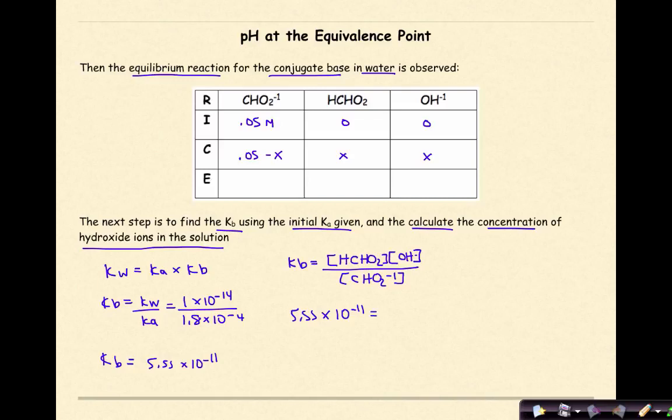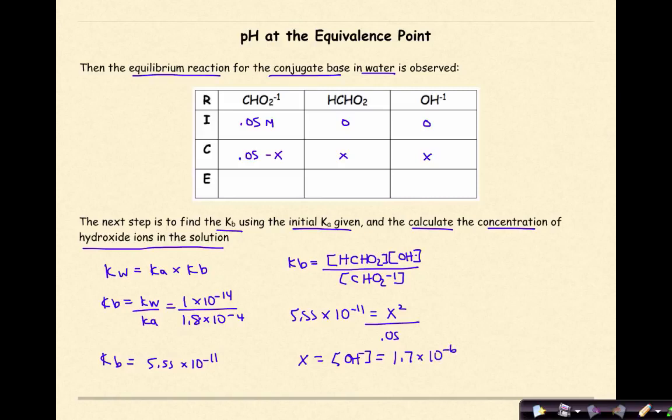And then we're going to have x squared on the top, and that's a really small number. We're going to assume that x is negligible, so we're just going to put 0.05 on the bottom. And then we work this out, and we figure out that x, which we also know is our hydroxide ion concentration, is going to equal 1.7 times 10 to the negative 6.